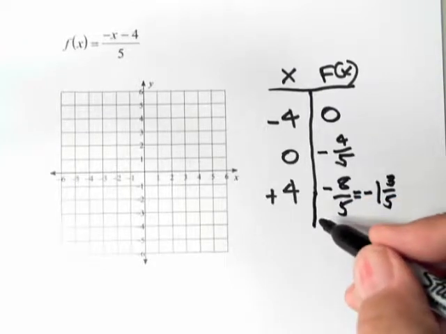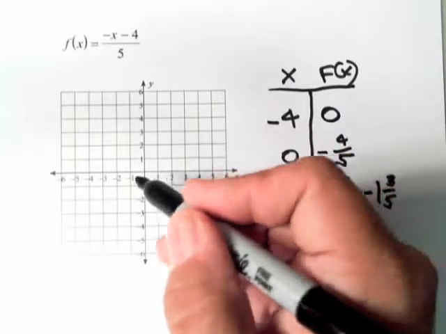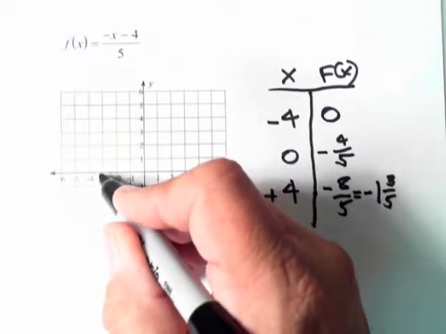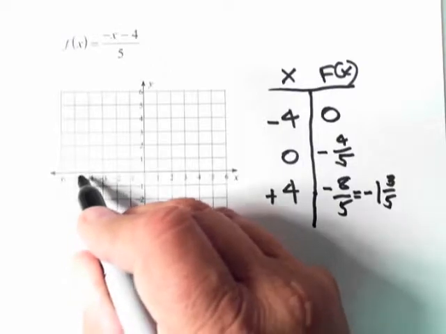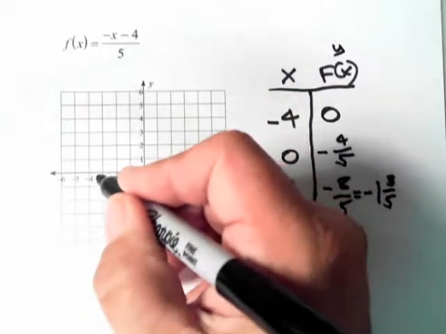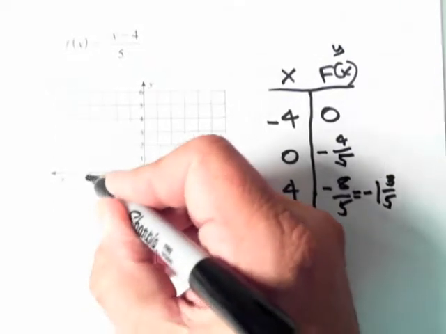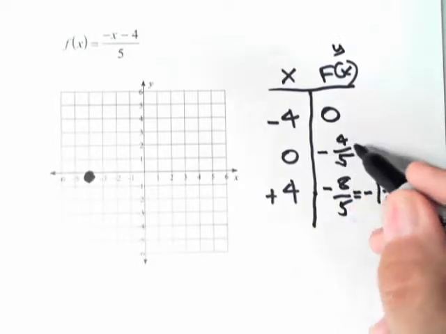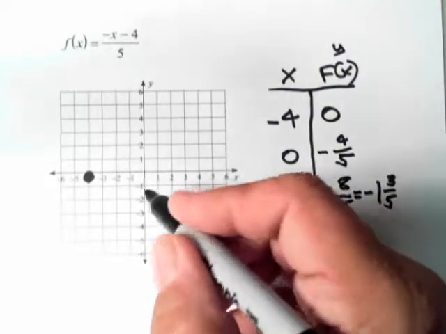Let's graph the original guy up now. X equals -4. 1, 2, 3, 4, and the f of x, or remember this is the same as the y here, is 0, so there it is. Okay, and then x equals 0, y equals -4/5.